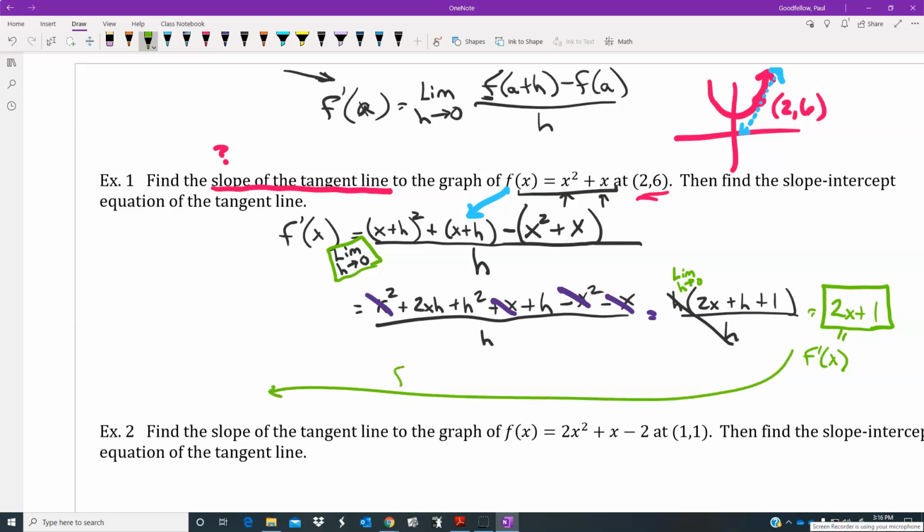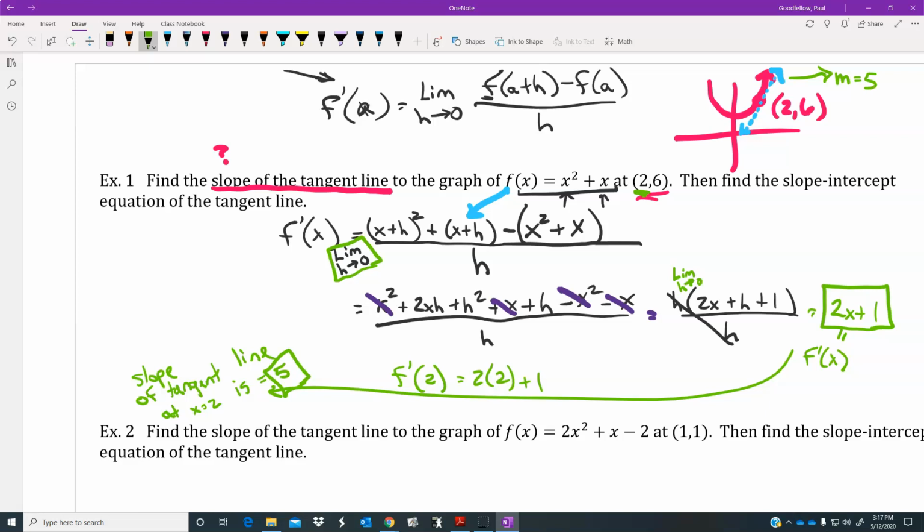So if I figured out the derivative at 2 and did 2 times 2 plus 1, and I'm picking 2 because it's in the domain of the original function, it would tell me that the slope of the tangent line at x equaling 2 is the number 5. And that is the slope of this line that's in blue right here. This line's slope is 5 at that particular spot.